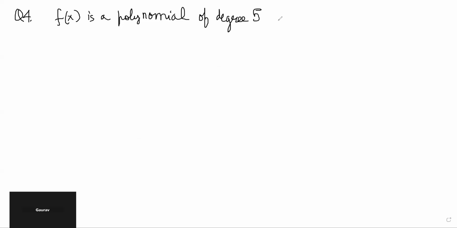Next one is this question 4. It says f of x is a polynomial of degree 5, such that its leading coefficient is 1, and some values are given.